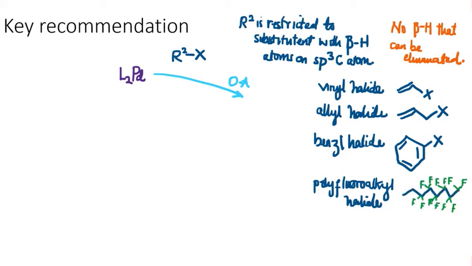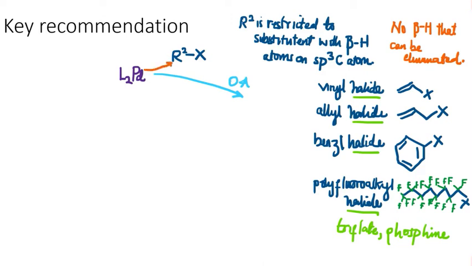This one has so many fluorines around, no hydrogen at all, and in this case our X is either a triflate or phosphate. These are the recommended reagents suitable for achieving this particular reaction, which is called a cross coupling, that limits the involvement of beta hydride elimination, or completely eliminates that step from happening.